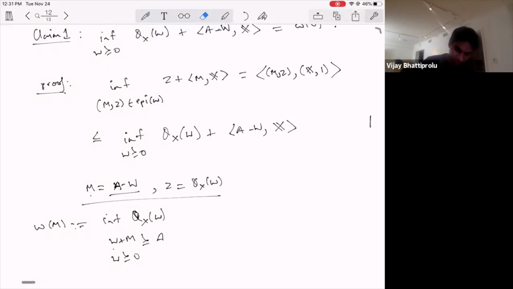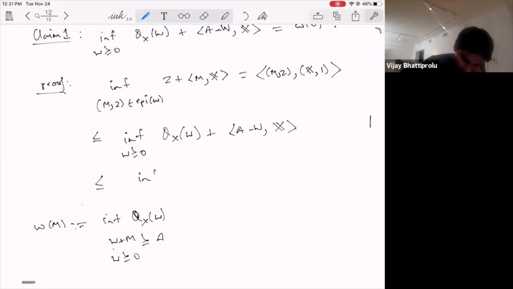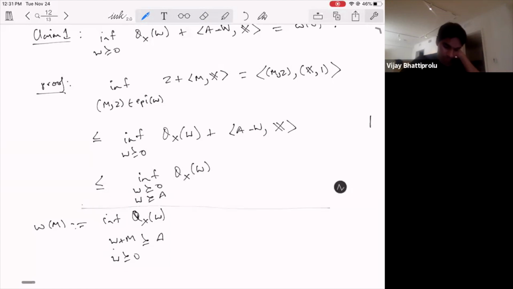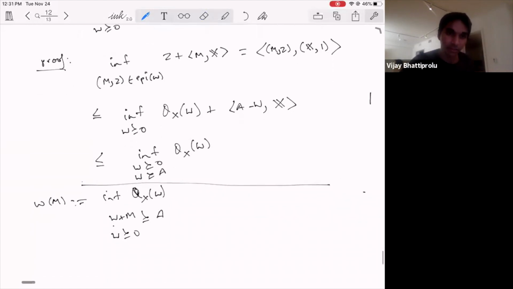I'm going to erase what I wrote below. Now this in turn is at most the infimum over W PSD, W greater than or equal to A, of Qx of W. Why is this?